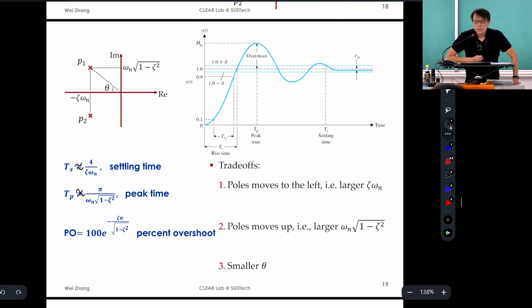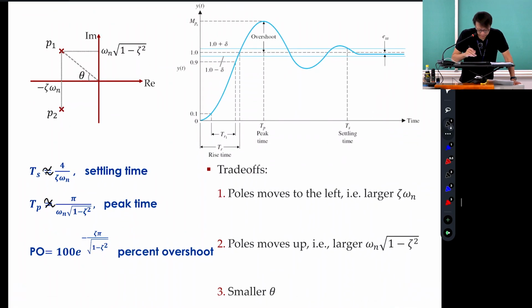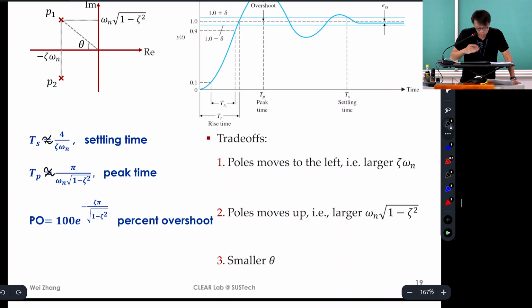Okay, so roughly how do they relate to the poles? Those relations, you can derive them. I think it's very easy. I assume you have seen this before. Okay, so let's discuss how we place our poles. First of all, if you just consider this second order system, if the poles move to the left, what will happen? This means zeta omega n becomes bigger, right?